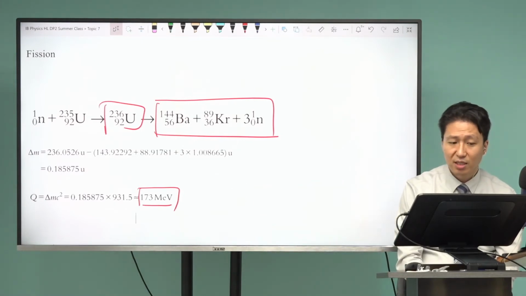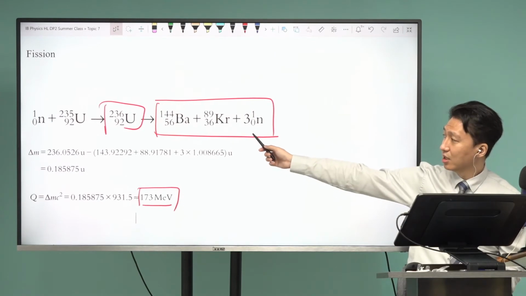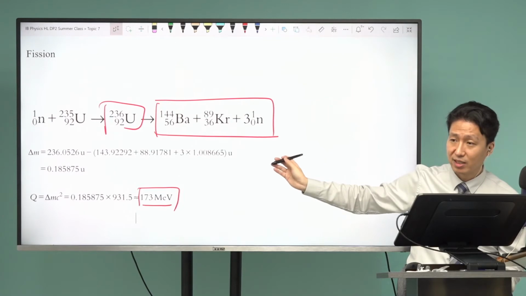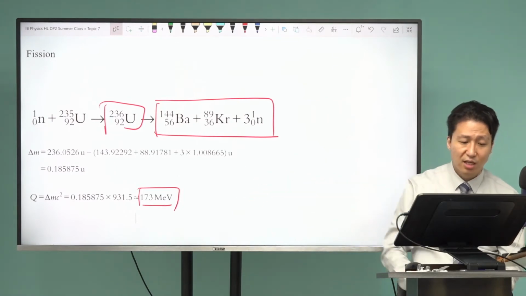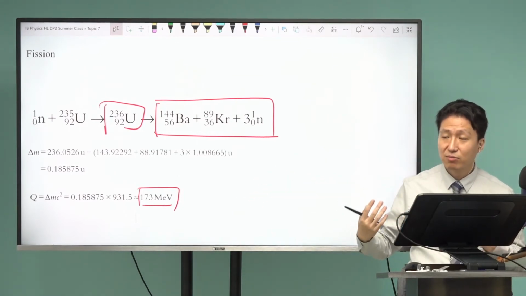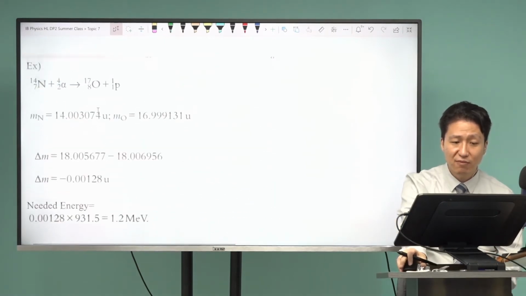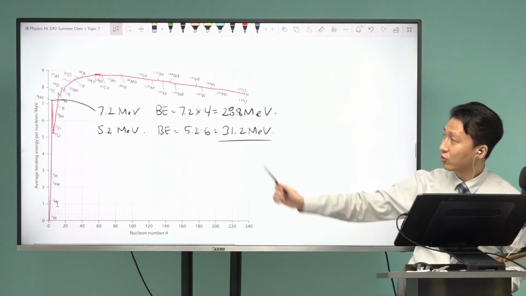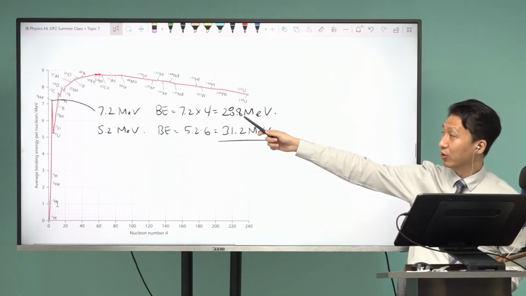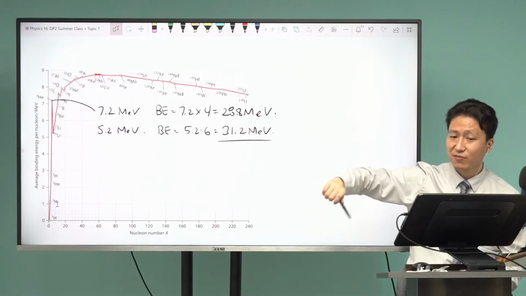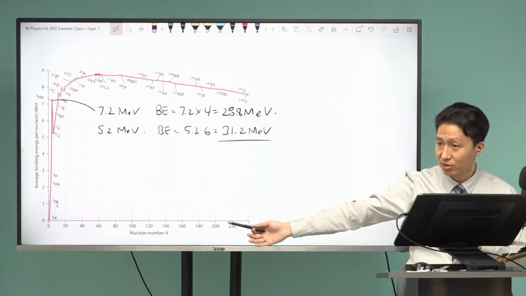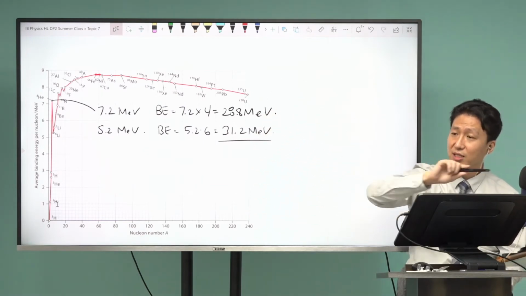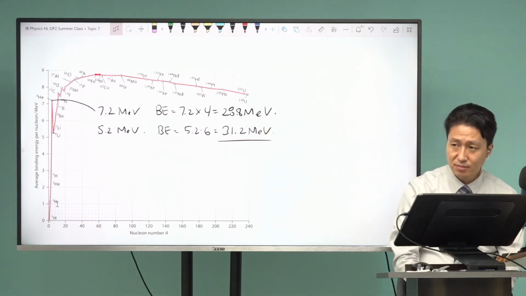So if you don't know the masses and you do know the binding energies, you can use this. A way that a question might be given to you is that you might be given again this graph, right? Using this graph, you're able to get the binding energy per nucleon. You can convert it to the binding energy of the whole nucleus, and use that binding energy to calculate this result. Okay?